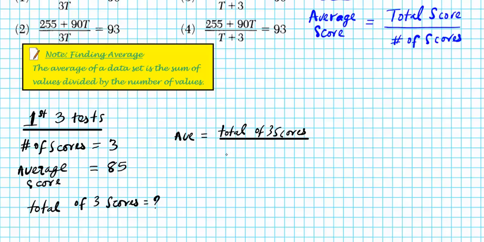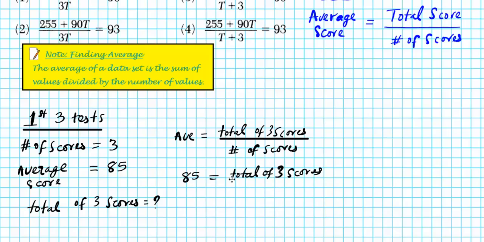That's just the formula adapted to this situation. In this problem, the average score is 85 for just the first 3. The total of all 3 scores we do not know, so let's leave it as total of the 3 scores.